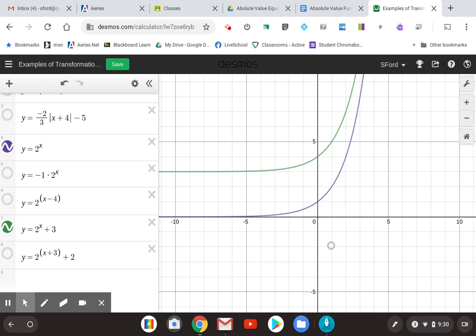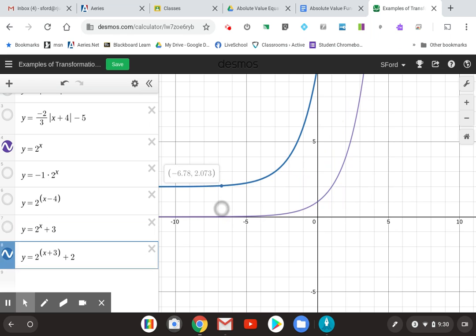That's all. And if we put it all together, if I go to 2 to the x plus 3, that means we moved it to the left 3 and up 2. So our graph moved up 2. So you can see between these two, it did go up 2, and we did move it left 3.